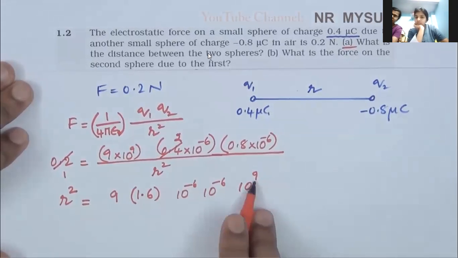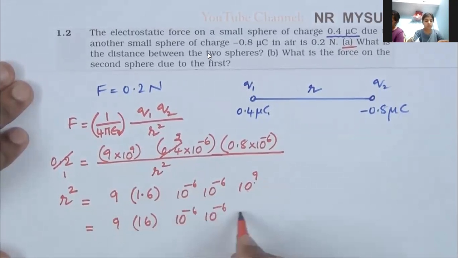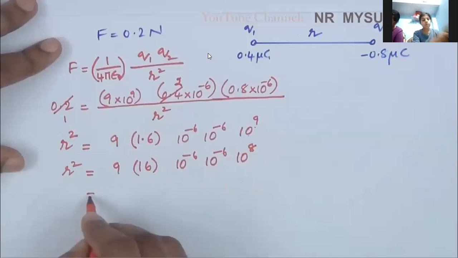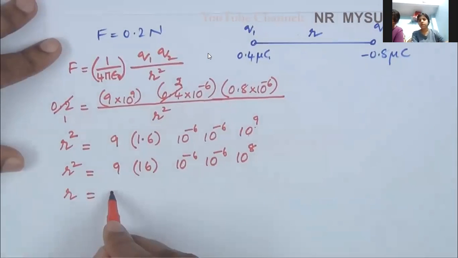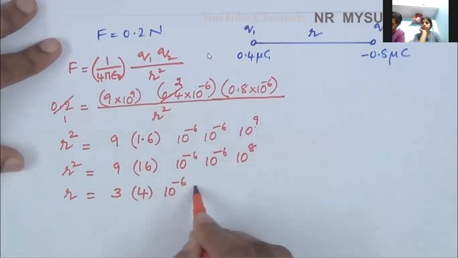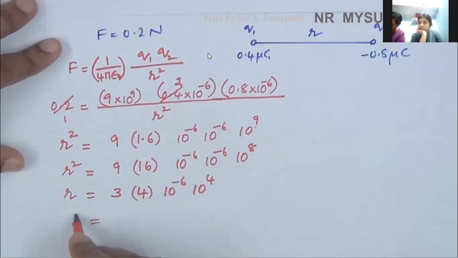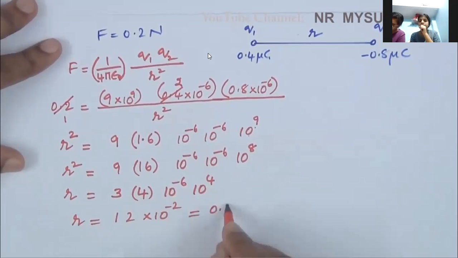So 9, 16, 10^-6, 10^-6, 10^8 equals r squared. r: the square root of 9 is 3, of 16 is 4, of 10^-12 is 10^-6, of 10^8 is 10^4. So r equals 12 × 10^-2, which is 0.12 meter.